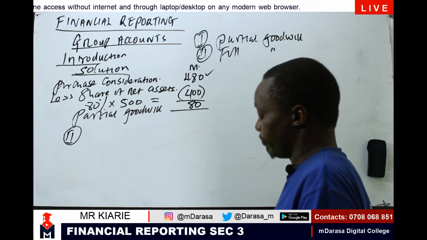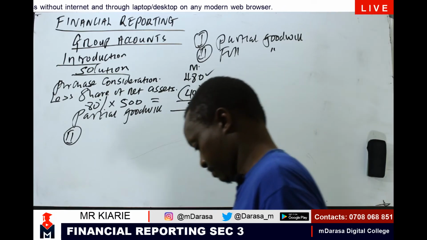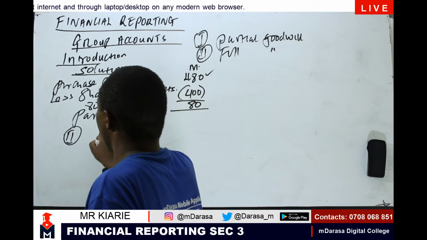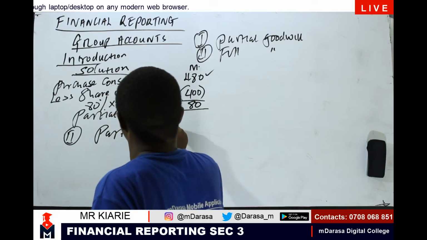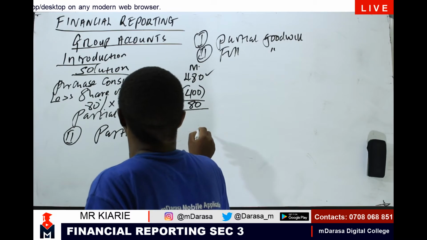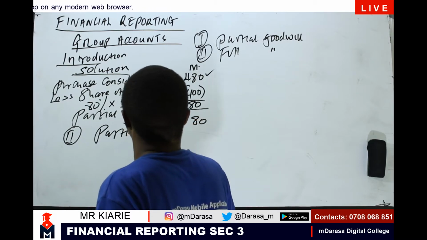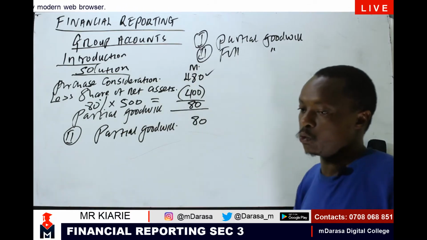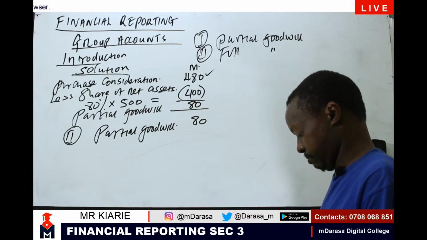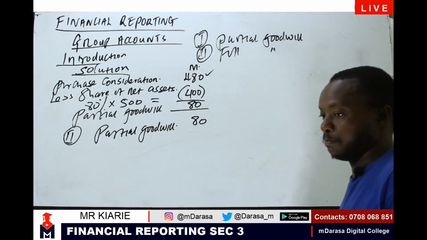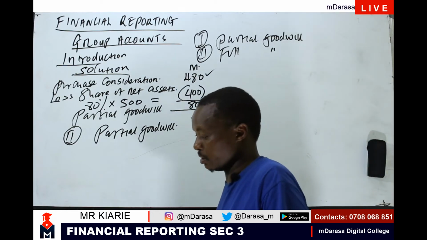Any other question? Okay. We know that our partial goodwill is 80 million.